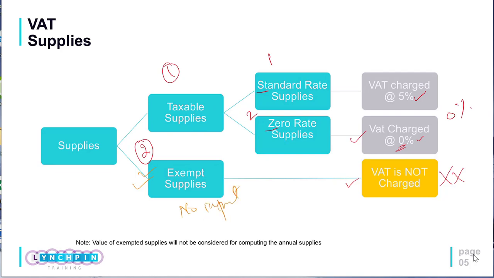Which means that input VAT will not be claimed and it would become my expense. If I'm supplying zero rated supplies, I will not charge my client any VAT, but still I would be able to claim my input VAT. So being a supplier, if I fall under the exempt supply category, I cannot claim my input VAT and my total cost will increase.